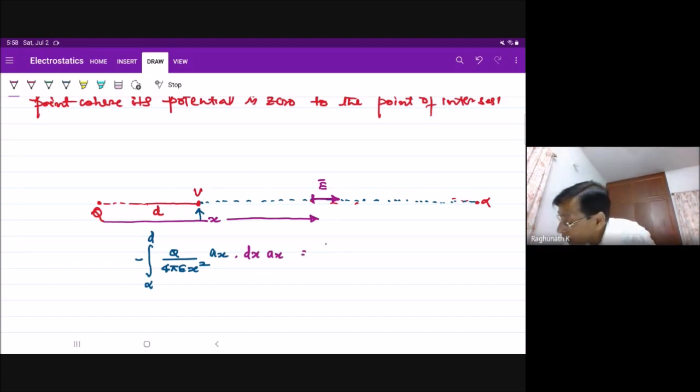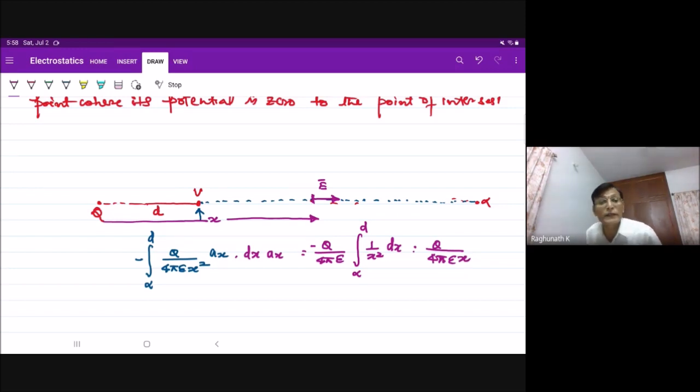Q by 4 pi epsilon integral infinity to d minus 1 by x squared dx is q by 4 pi epsilon integral minus 1 by x squared, which is 1 by x, correct? From infinity to d, which is q by 4 pi epsilon d, so many volts, because I consider 1 coulomb of charge.